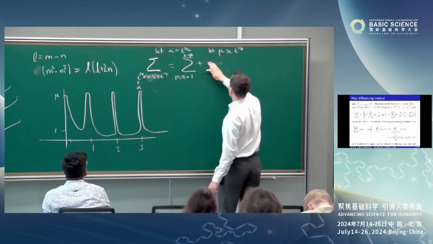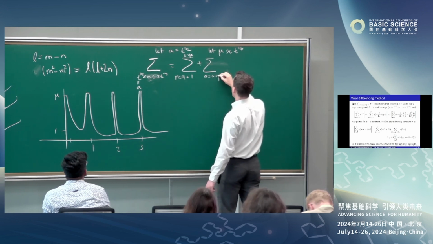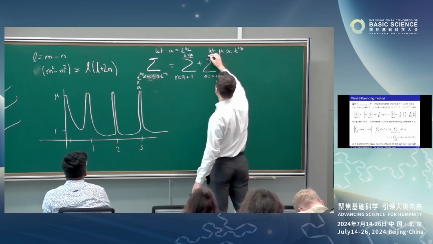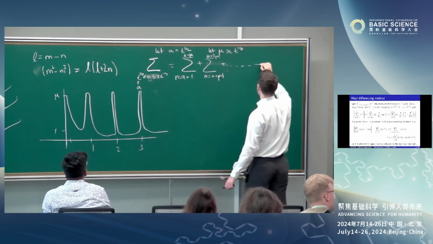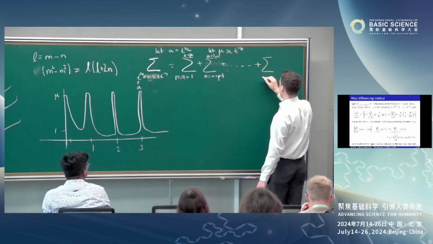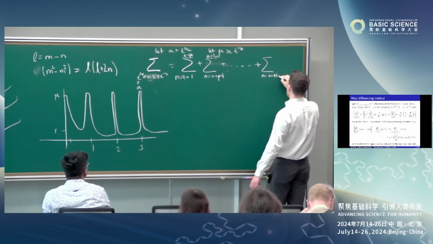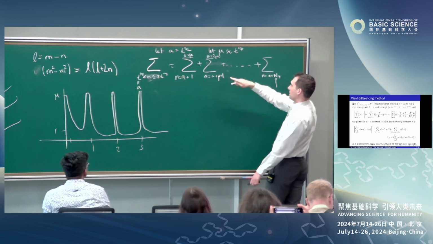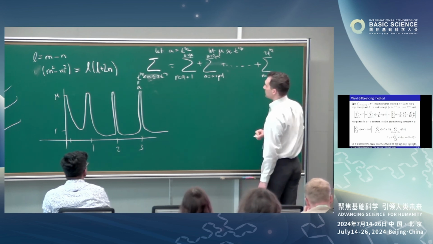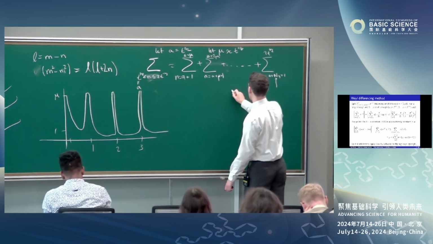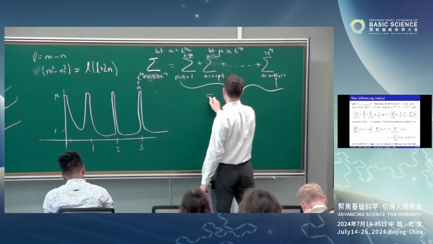The next one starts at a plus mu plus 1 and goes up to a plus 2 mu, and I keep going until I reach 2t to the 1/2, with N plus 1 subsums in total.